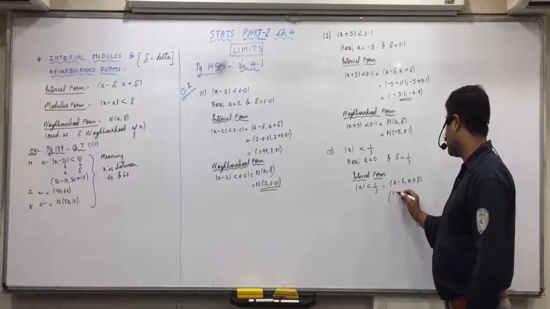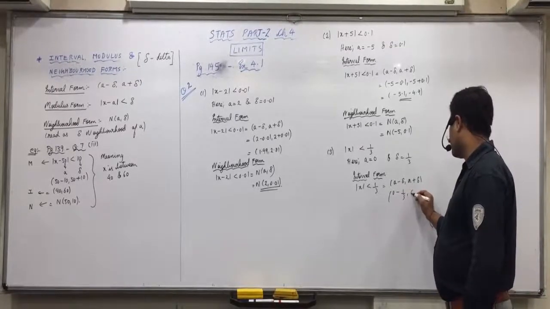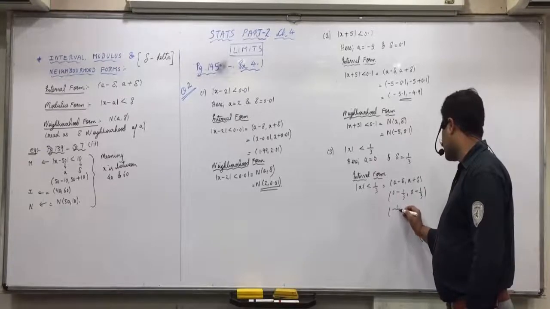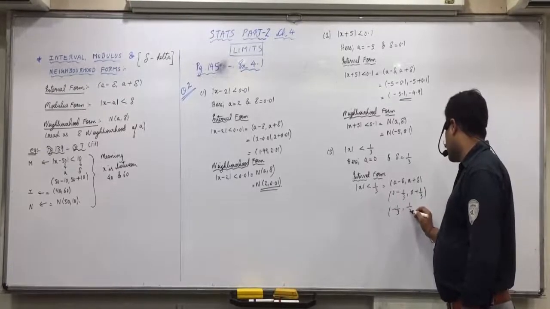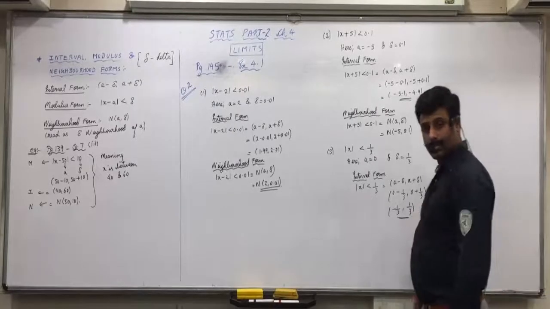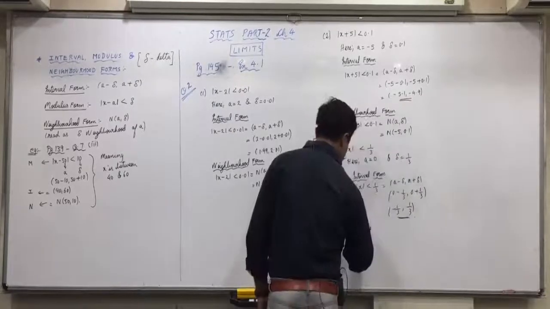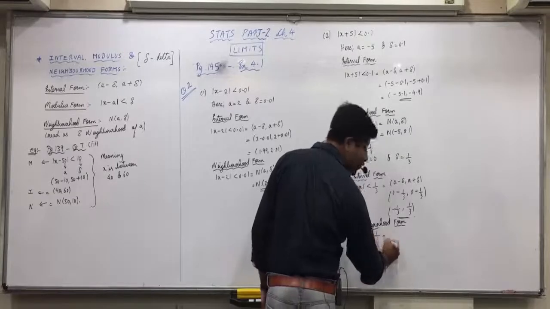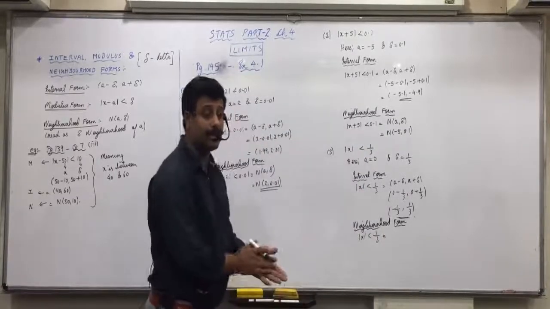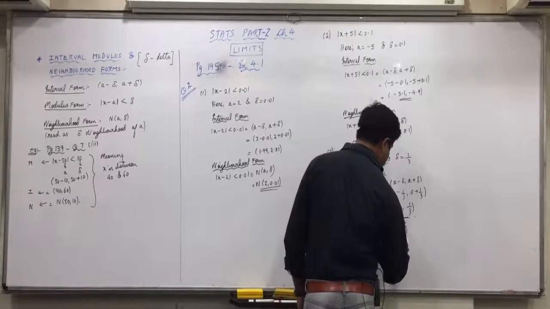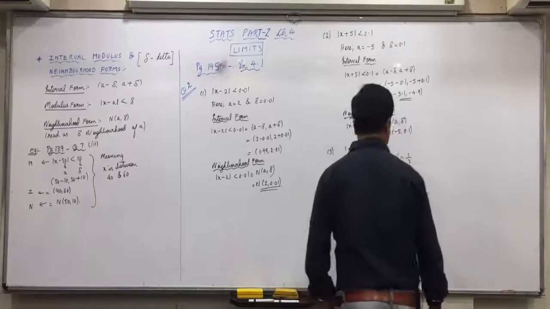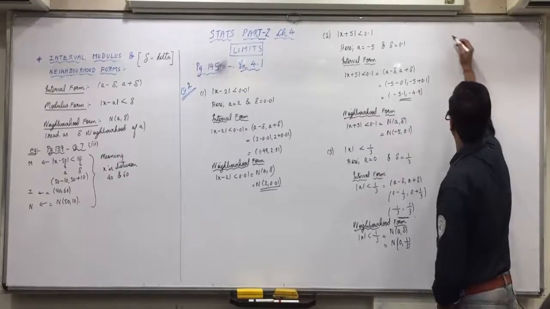Now tell me, 0 minus 1 by 3, 0 plus 1 by 3. So minus 1 by 3 to 1 by 3. Then neighborhood form, Shivang. First of all, N(a, delta), yes, N(0, 1 by 3). Is everyone clear with this?